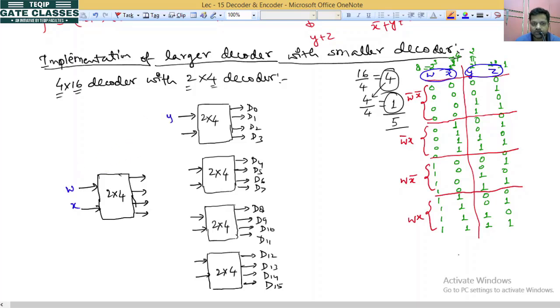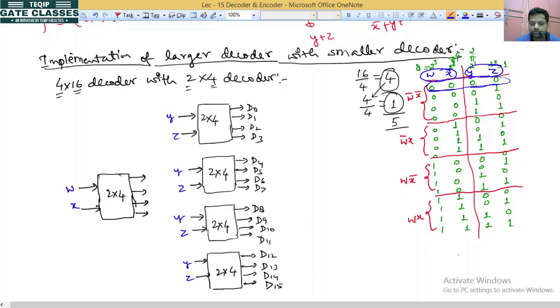So it will be yz, again yz, again yz, yz. Now you have to link these two inputs with these two inputs, okay na? We have to link, then only you will get these four combinations.